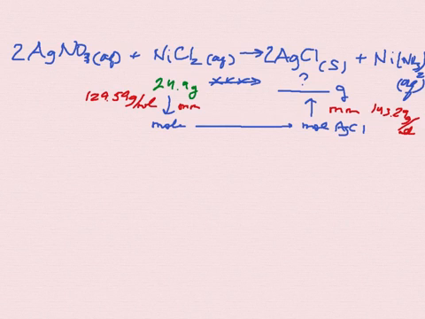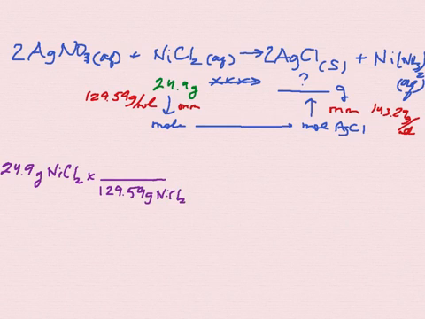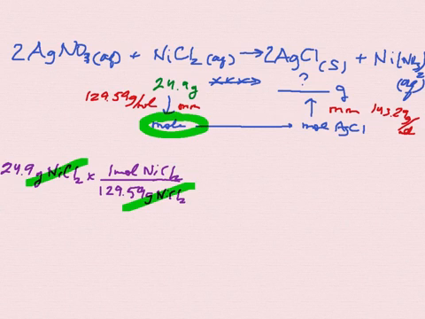So we have to write down what we're given. We have 24.9 grams of nickel 2 chloride. We want to change that into moles. To change from grams to moles, you divide by the molar mass. So 129.59 grams of nickel 2 chloride for every 1 mole of nickel 2 chloride. If you stopped there, your answer would be the moles of nickel 2 chloride.